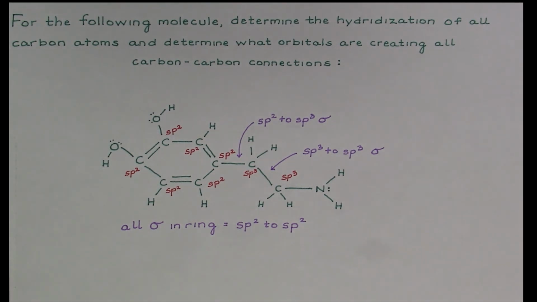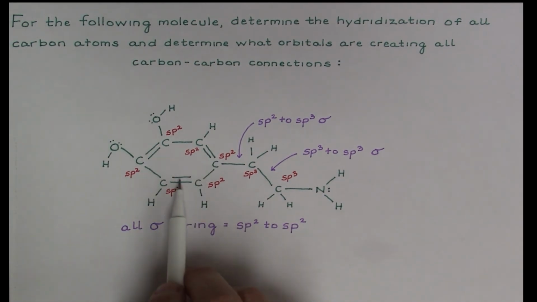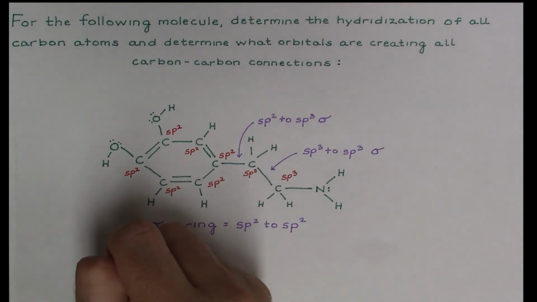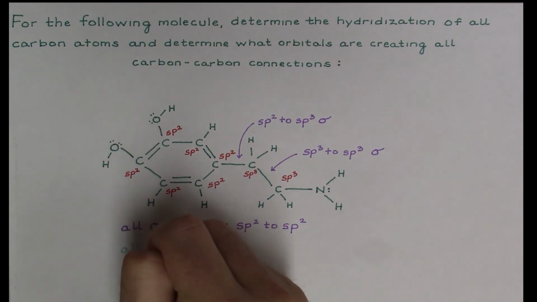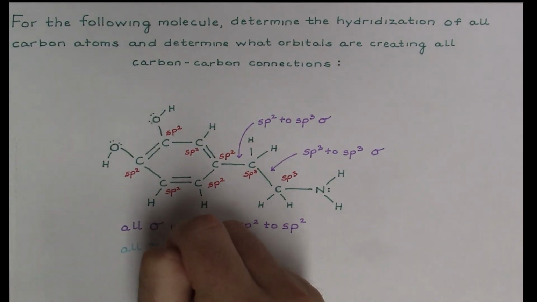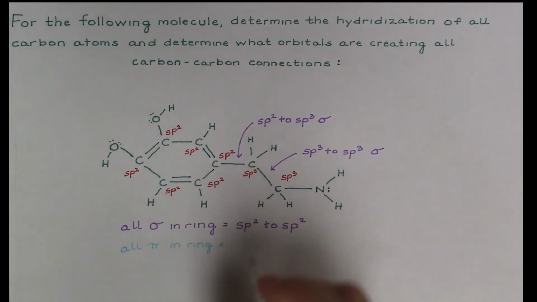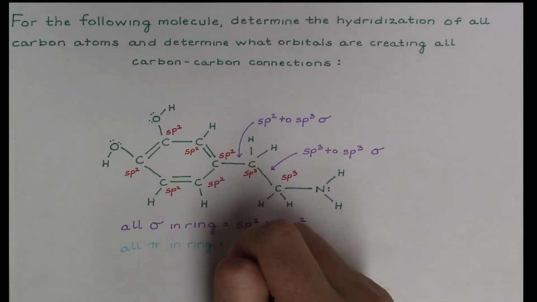But now the question we have to ask is, what about the pi bonds? Notice that I have 3 pi bonds connecting 6 carbon atoms. So remember, all pi interactions are created by unhybridized orbitals in our atoms. So for all of our pi interactions in the ring, we are going to use unhybridized orbitals from our carbons.